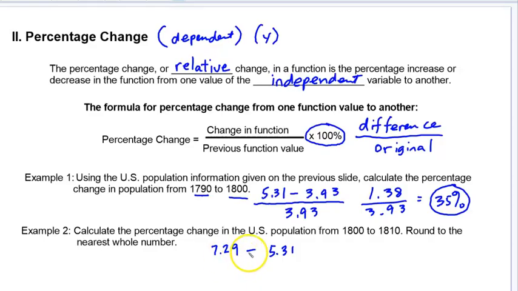So it's going to be positive growth. So I do the subtraction and then I divide always by the original. So when I use the word original, I'm talking about the first of these two values. Okay, so once again, go to your calculator, and when you do 7.29 minus 5.31, get your result, and then divide that by 5.31.